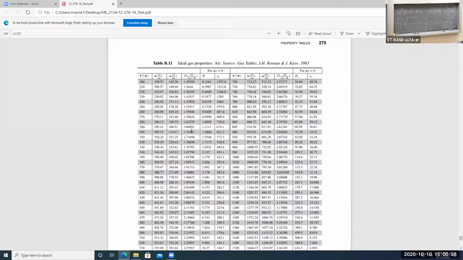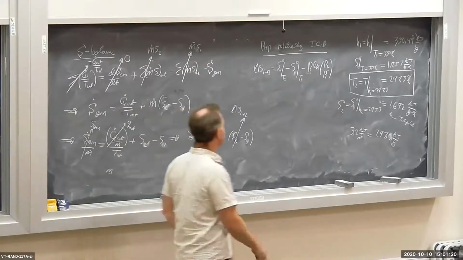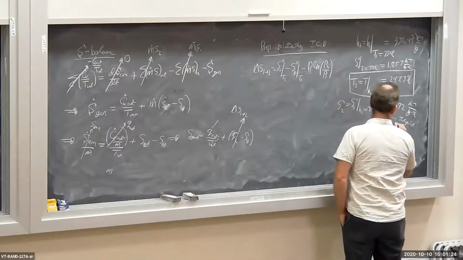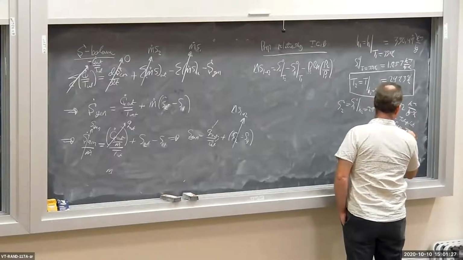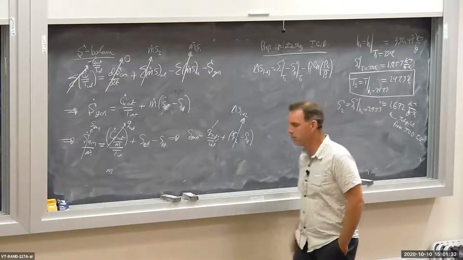So that's the interpolated S naught, interpolated from the IGB air table, okay?